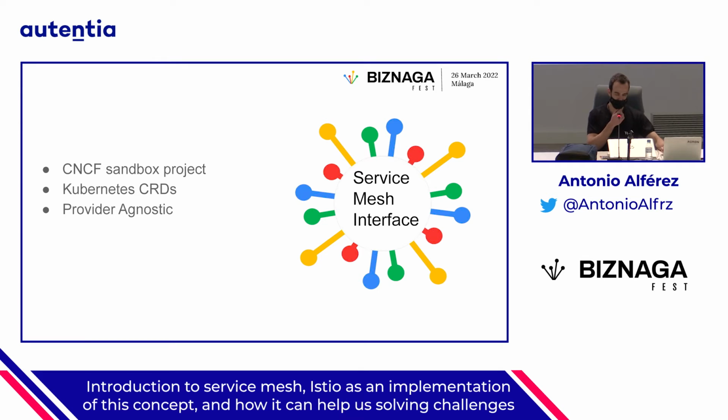And also, with regard to this matter, there's an interesting project called Service Mesh Interface. It's a Cloud Native Computing Foundation sandbox project. What it does is define, specifically for Kubernetes, a set of custom resource definitions.